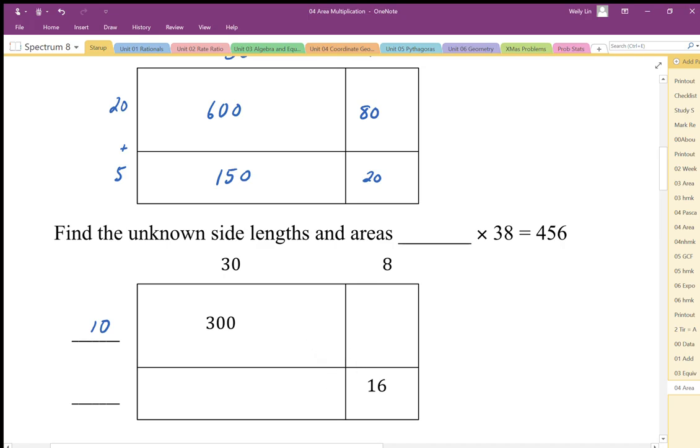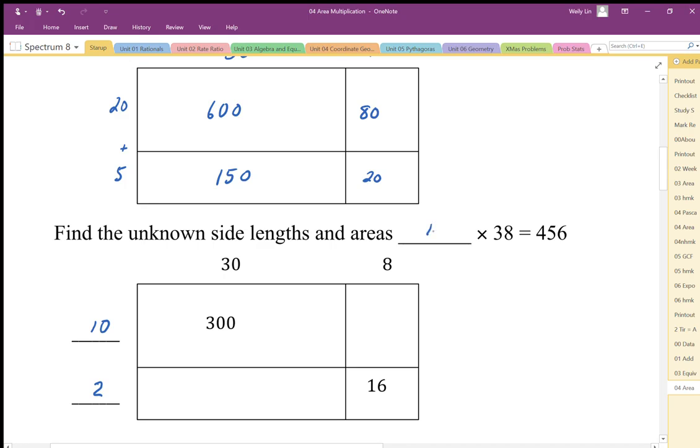Okay, and so we can figure out what these different pieces are by decomposing the multiplication, or undoing the multiplication. So in this bottom right hand corner we get 16. The length is 8. The width here must be 2, because 2 times 8 equals 16, or we can say that 16 area divided by length gives me the other length of 2.